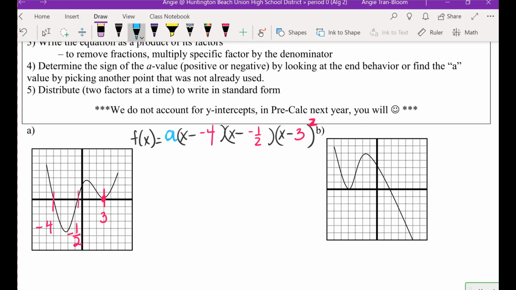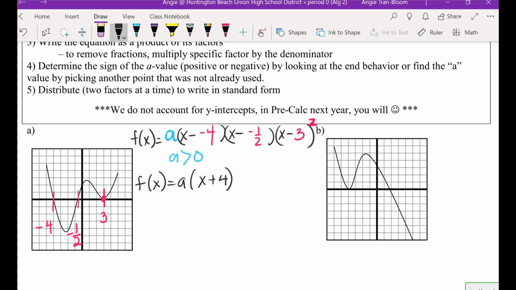Look at the graph. Is a positive or negative? Positive. How do you know? Because it opens up, the end behavior. Okay. So I can't leave 2 negatives in there, and I can't have a what? A fraction. So leave a as a, x plus 4.